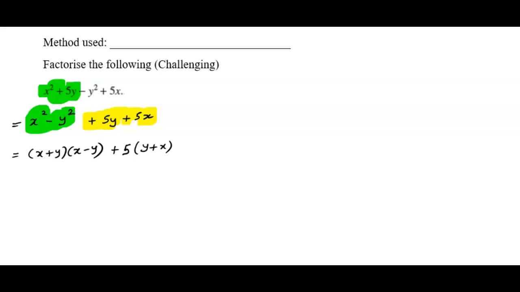Now we've achieved a step where we have two terms separated by an addition in the middle, my bad, and now I can see that the two terms have a common factor, which is the bracket x plus y. So if I take that out, what I am left with in the first term is simply x minus y, and what we're left with in the second term is a positive 5. And that completes the factorization of this question.